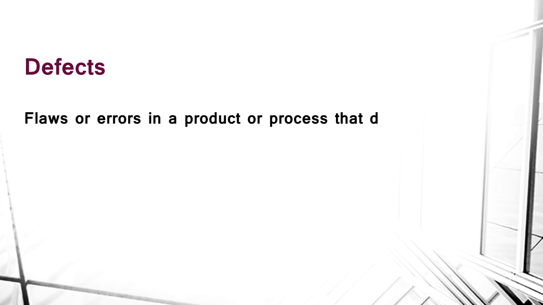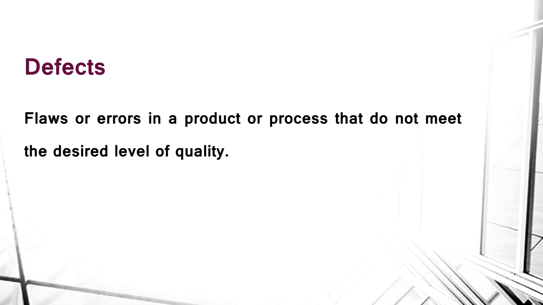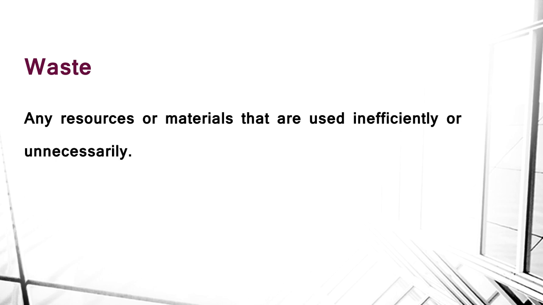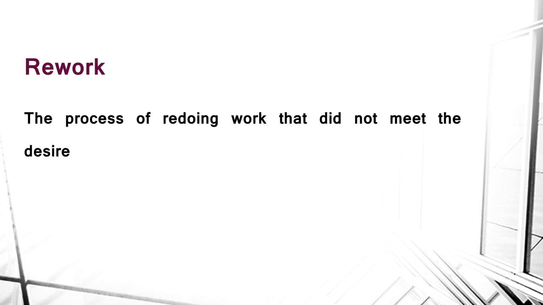Definition: flaws or errors in a product or process that do not meet the desired level of quality. Important word: waste. Definition: any resources or materials that are used inefficiently or unnecessarily. Important word: rework. Definition: the process of redoing work that did not meet the desired level of quality.